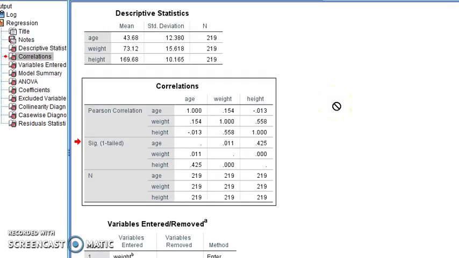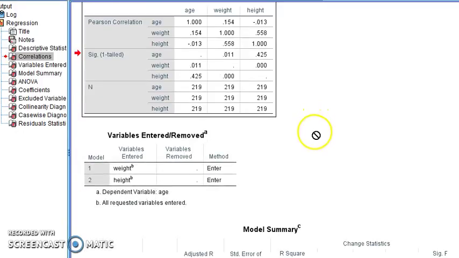Based on everything we've learned about correlations, these are very weak correlations. So that's one note right off the bat that says it's probably not height and weight that are going to help us accurately predict age.